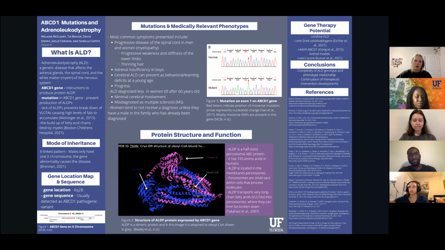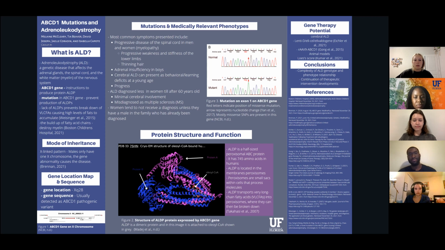The specific gene that goes with this is the ABCD1 gene, which provides instructions for producing the protein ALDP, which is in the membranes of the peroxisomes. ALDPs bring in a group of fatty acids that are typically known as very long chain fatty acids, also known as VLCFAs. And they bring them into the peroxisomes where they're then broken down.